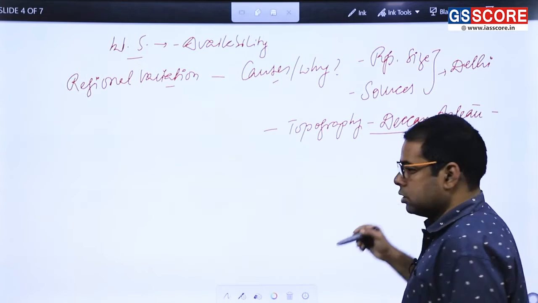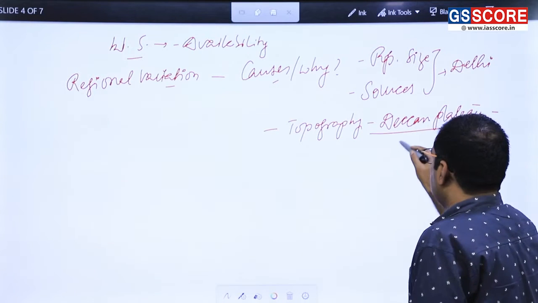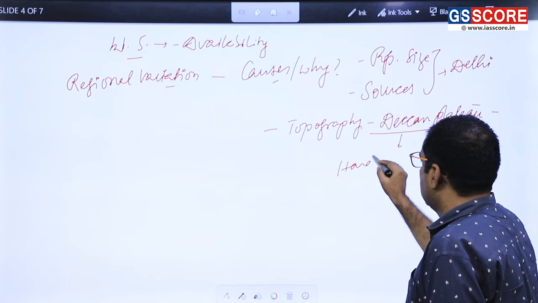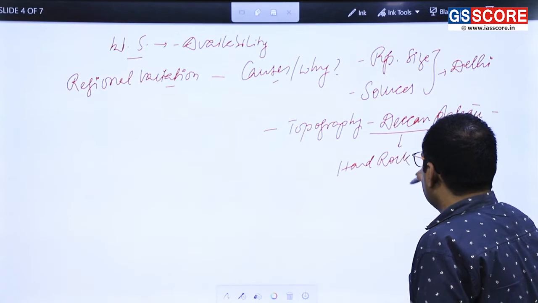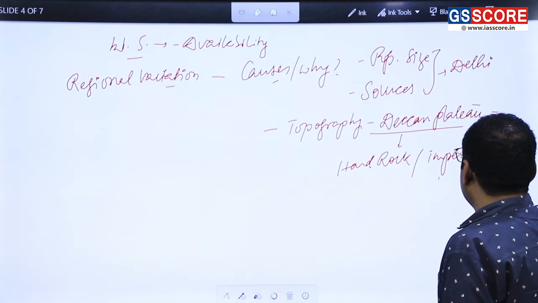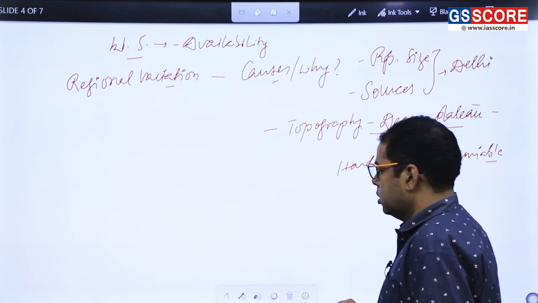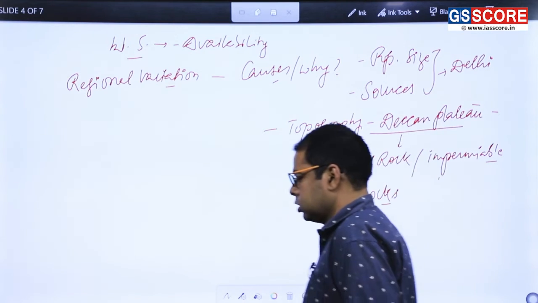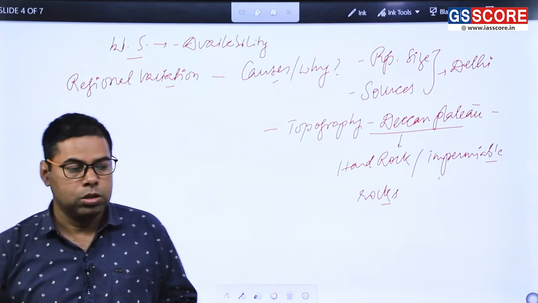The Deccan Plateau has two reasons. One is the hard rock or impermeable rock. Impermeable rocks do not allow water to percolate into the subsurface. So the groundwater table is low.